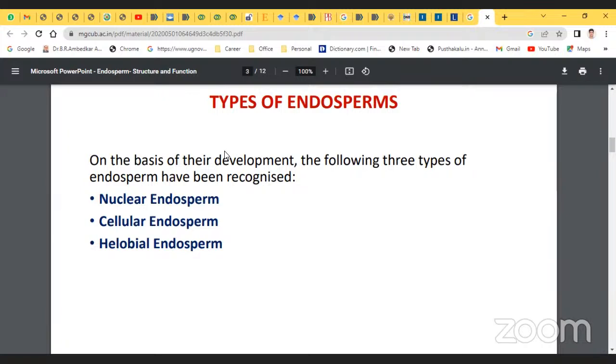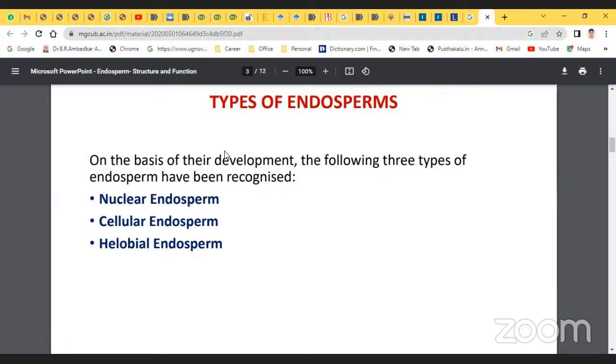In monocots it occurs in only 2 families, Araceae and Lemnaceae. And helobial endosperm is found only in monocotyledon families, like grasses. All the grasses are monocotyledons. Okay, right? So clear?